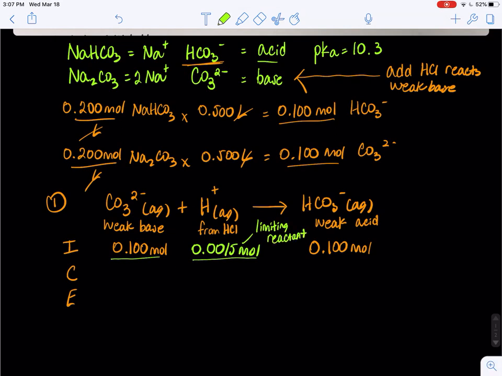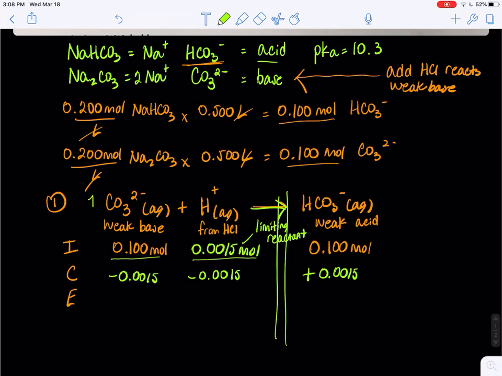And so all of that gets used up, so we want to subtract 0.0015 and subtract 0.0015 from the reactants, which get used up as they proceed in this reaction from left to right. And on the right side of this chemical equation, we're going to form 0.0015 of the bicarbonate.